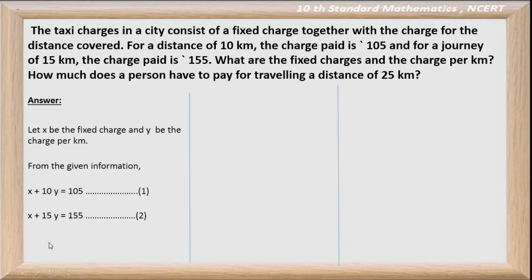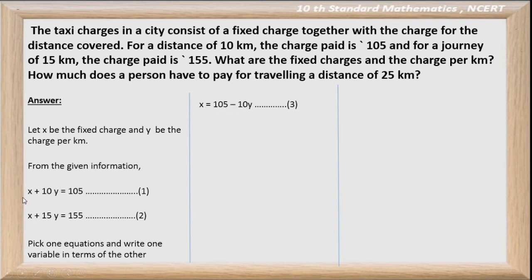Now we have to solve this by using substitution method to find the fixed charge and charge per kilometer. What is the substitution method? In substitution method, we are picking one equation and writing one variable in terms of the other. How will it be? See here, x equal 105 minus 10y. I am taking the first equation.